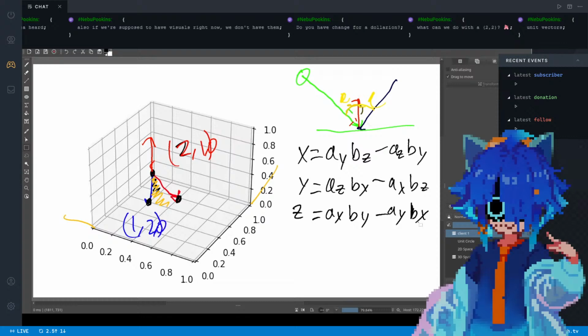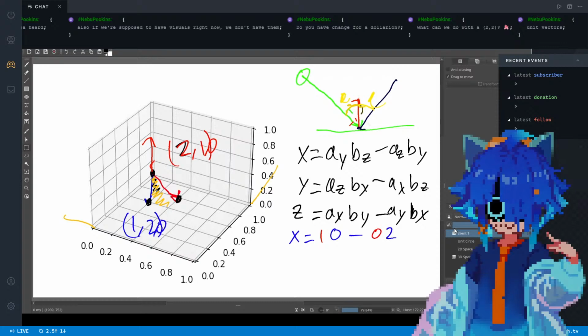So we have for x, that's 1 from red times 0 from blue, minus 0 from red times the y, 2 from blue.